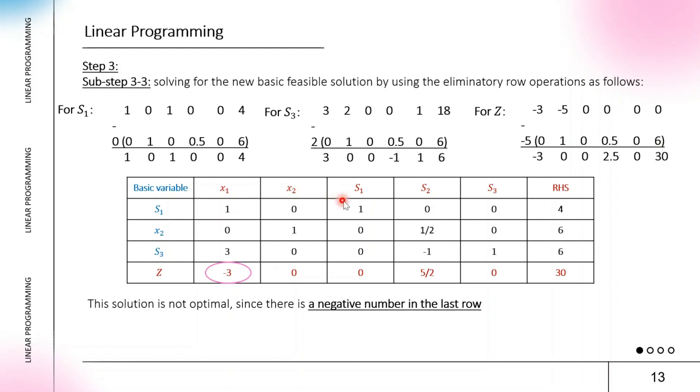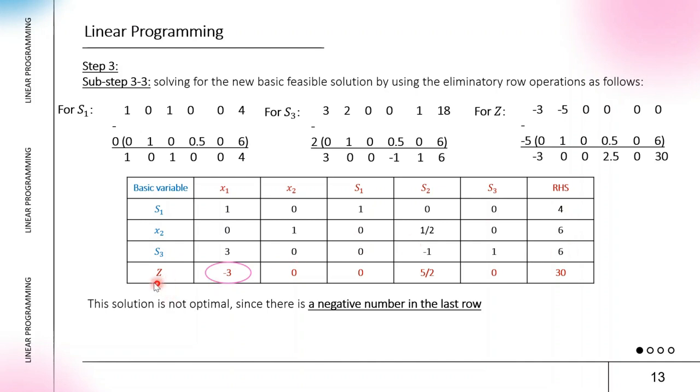And after the row operation, we have the updated table. The updated table lists the basic variables S1, x2, and S3 with values of 4, 6, and 6 respectively.